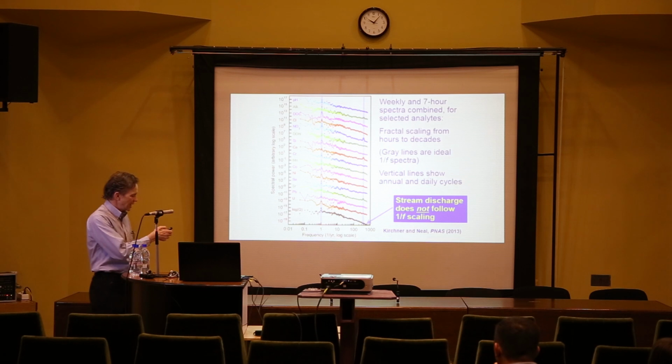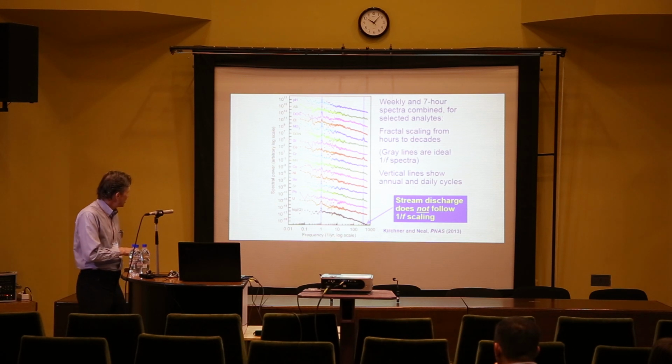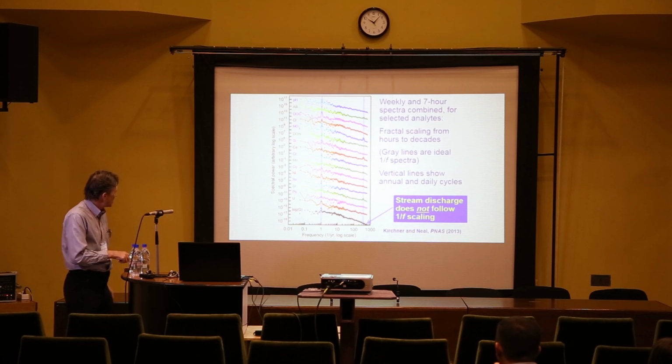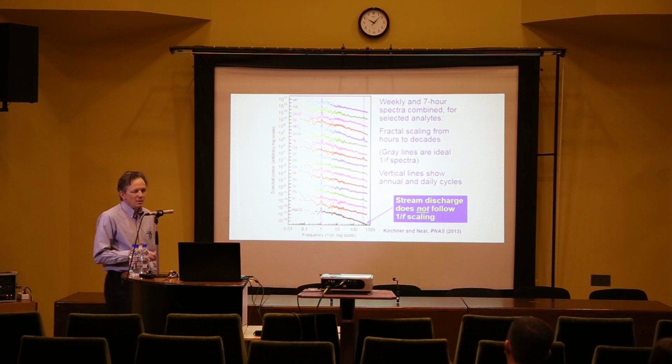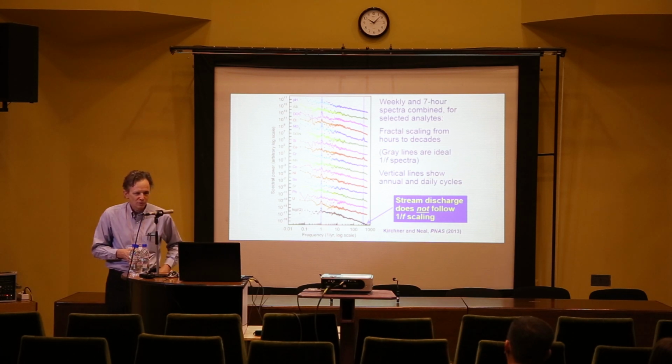Now here we're looking at 16 of those 45, and I'll notice that the stream flow itself does not follow the same pattern. The stream flow is not a straight line here, it's a curved line. And so it's not a case of all of these things simply following the stream flow fluctuations.